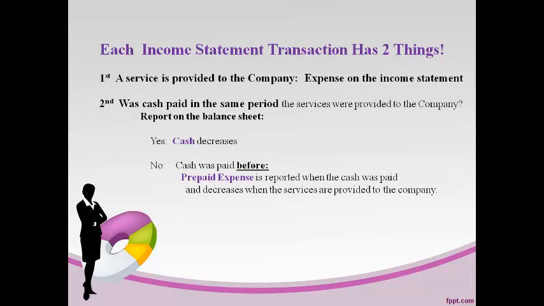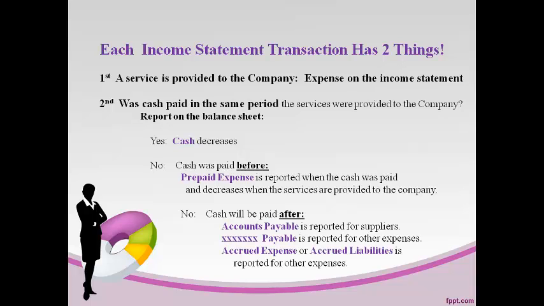If cash was paid in prior periods, a prepaid expense was recorded when the cash was paid, and the prepaid expense now becomes an expense. If cash will be paid in the future, the balance sheet will report accounts payable or other payable accounts, or accrued expenses or accrued liabilities. These accounts all mean the company owes a supplier or a service provider.